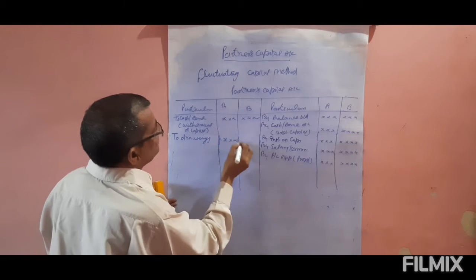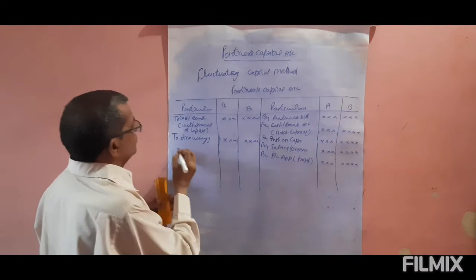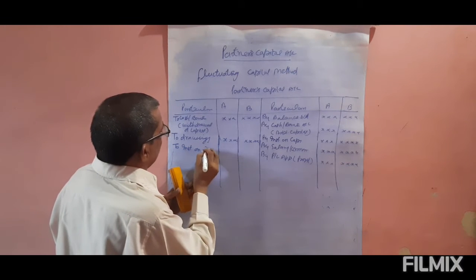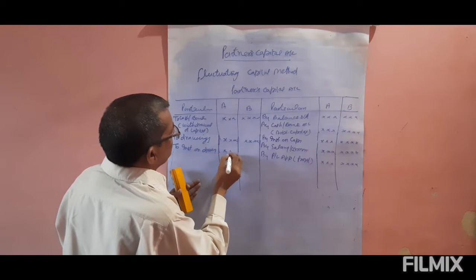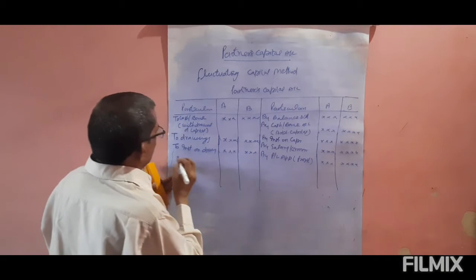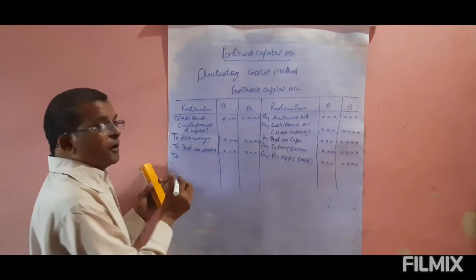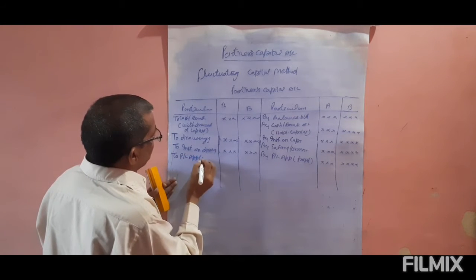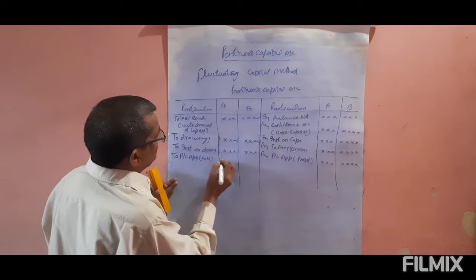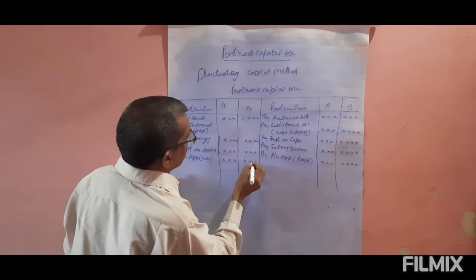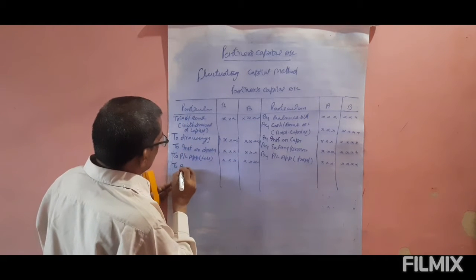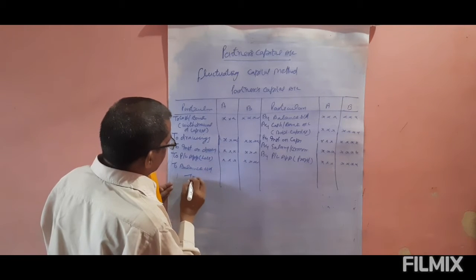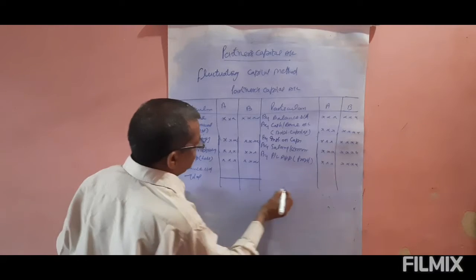Here is drawings, to interest on drawings, to interest on drawings here, to profit and loss appropriation if loss, profit and loss appropriation if loss here, and then to balance c/d and the total of this account.